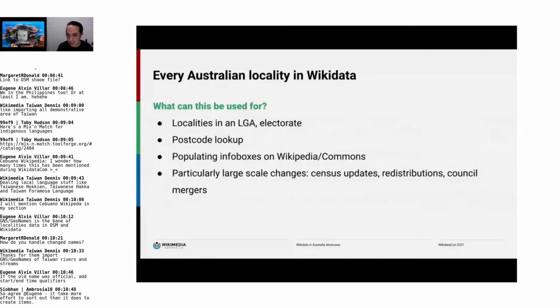In New South Wales there were a lot of council mergers. Redistributions happen regularly for the electoral districts, and in Australia the census happens every 5 years, so there can be a lot of bulk updates, but I'll cover that shortly.